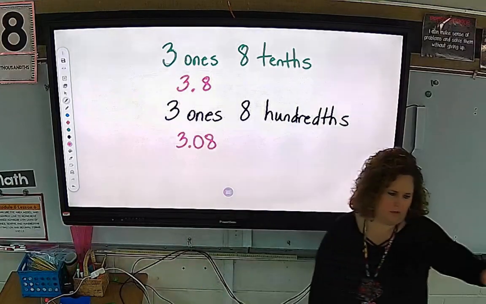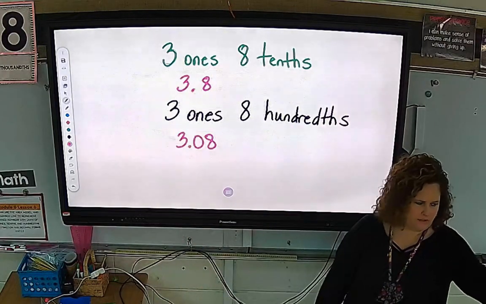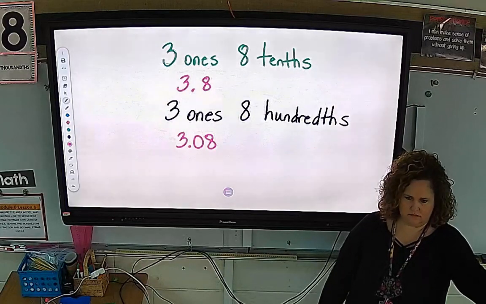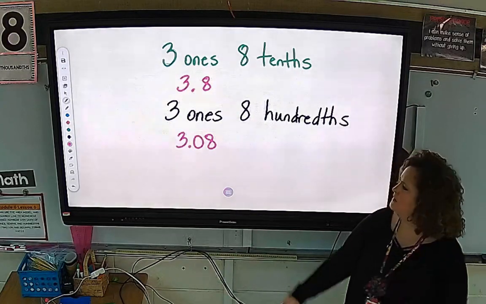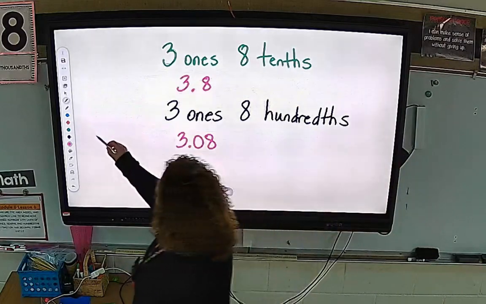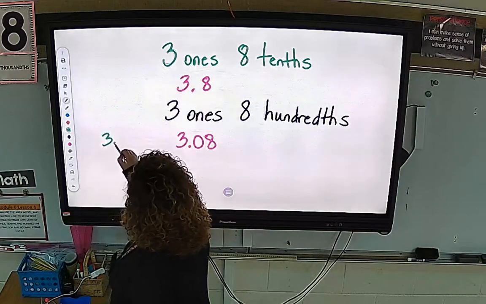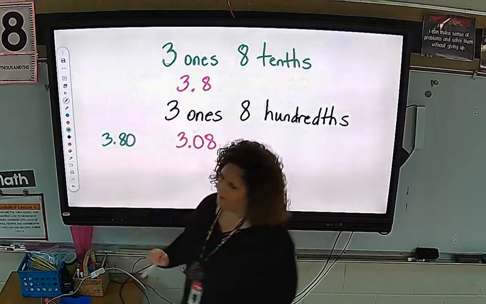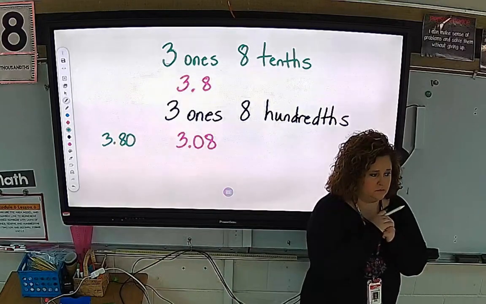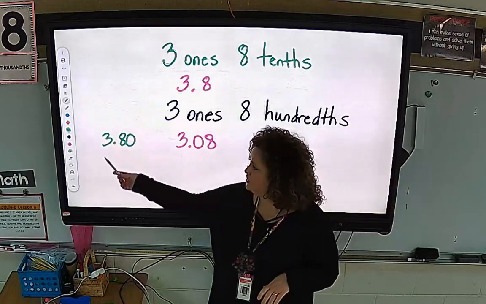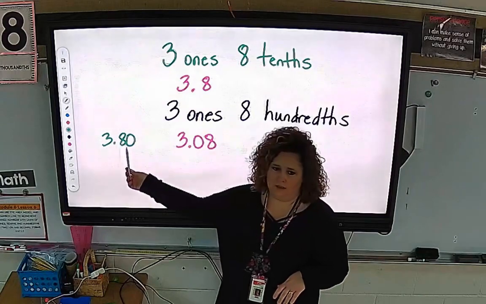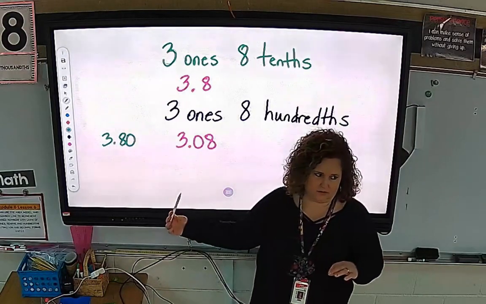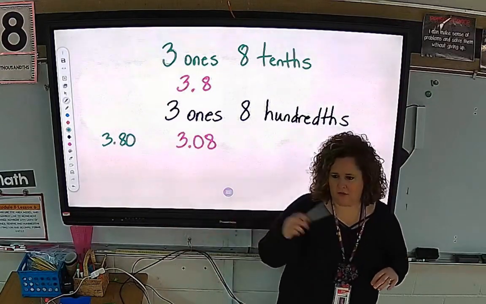Now, put your marker down. Don't erase anything. Put your marker down. Okay. Some of you had this right here. Okay, listen to me. If we're talking hundredths, that's 3 80/100, not 8/100.